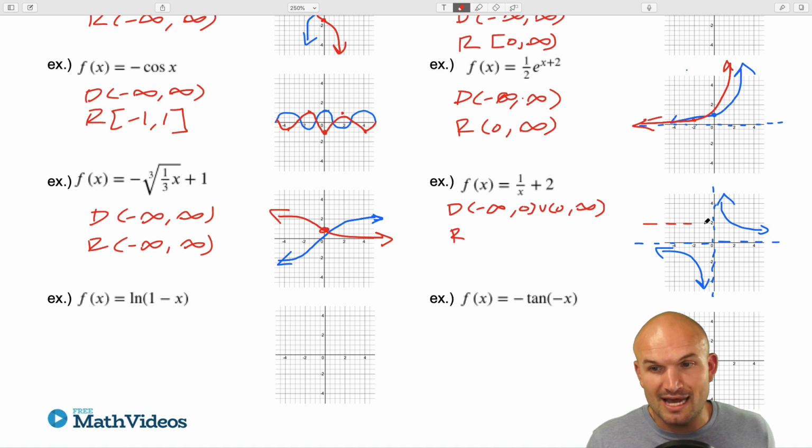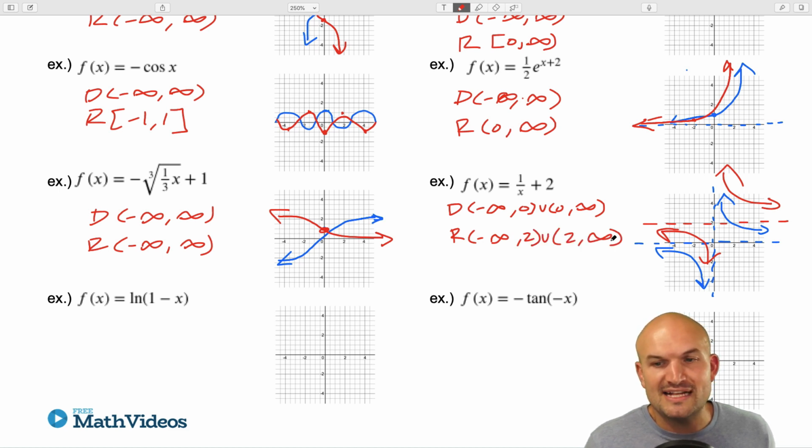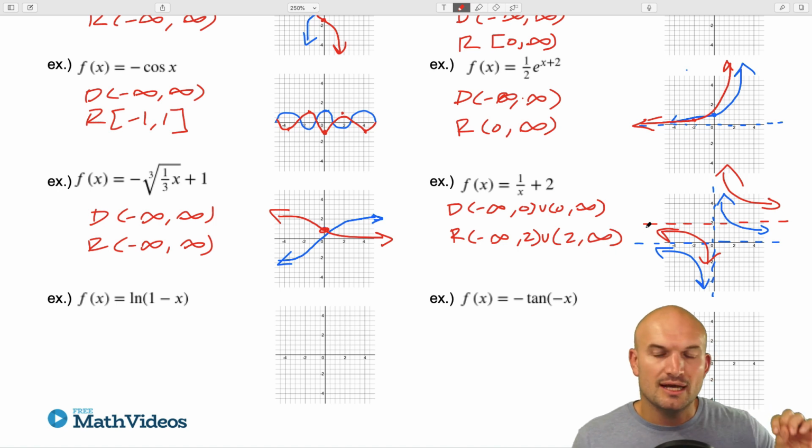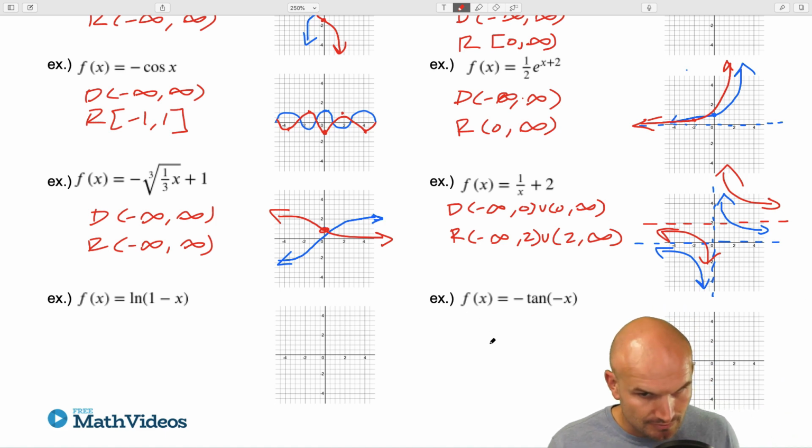So now I have a horizontal asymptote at positive 2. So now my graph just got shifted. And so now you can see that my range is going to be from negative infinity to 2, union 2 to infinity. And that's why it's really important to redraw this asymptote so you can see how that shift is being applied with the asymptote.